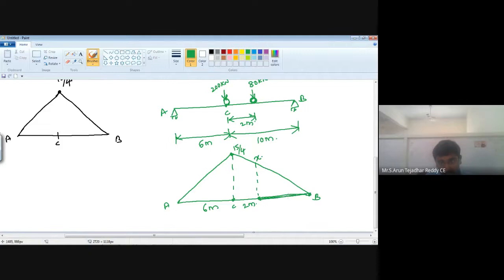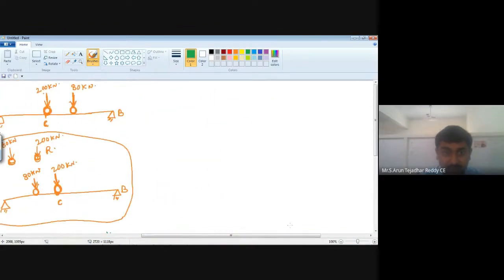C to B is 10 meter, but from C up to the other load it is 2 meter. Remaining is 10 minus 2, 8 meter. Remaining is 8 meters. Okay, is it clear? Now find out the x value. How to find out the x value? By applying the similar triangle concept, then we can easily find out the x value.